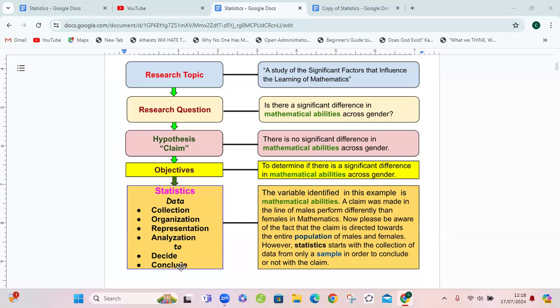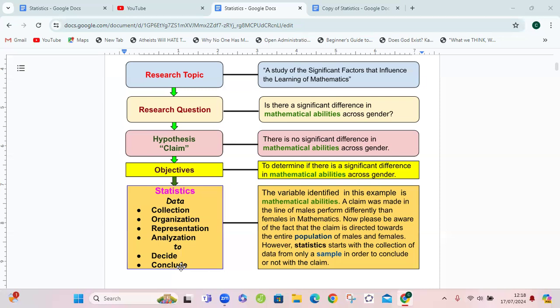Decision and conclusion go back to the hypothesis. The decision is either to reject or not to reject a hypothesis called a null hypothesis, which we learn in detail when you study analytic statistics.